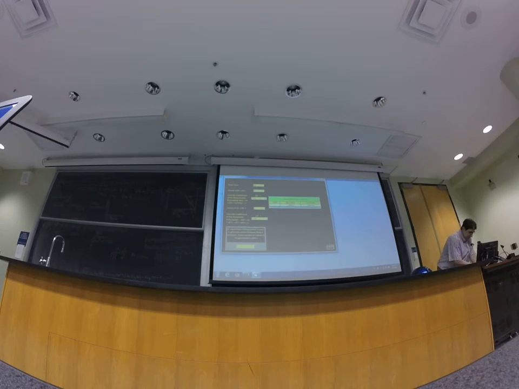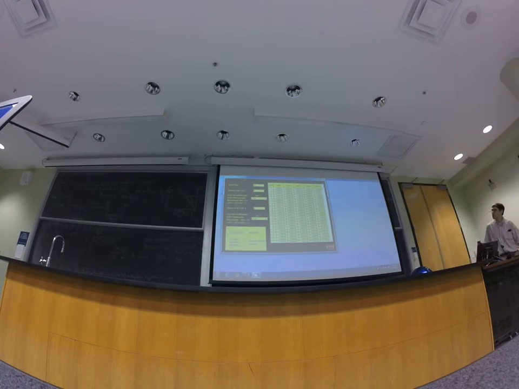So 1600, enter. It immediately generates a table of data that we can scroll through. Look at the columns. Forget about the row number. Log omega is the first one.